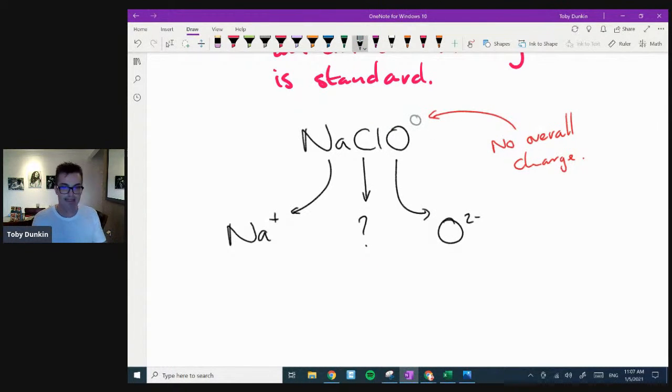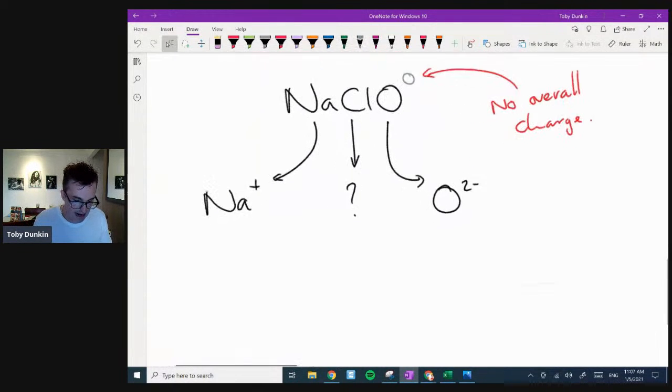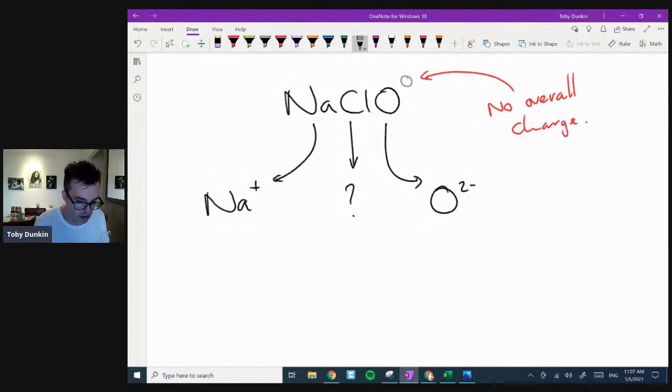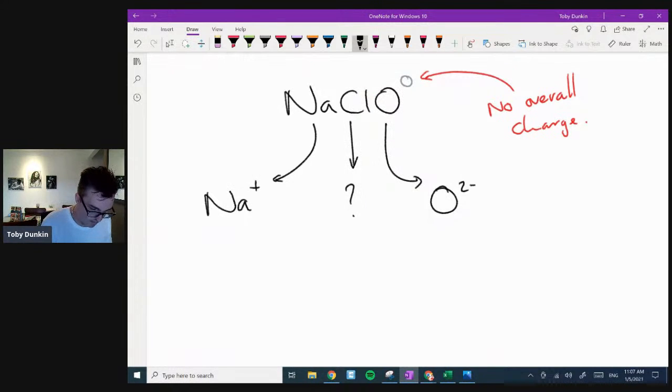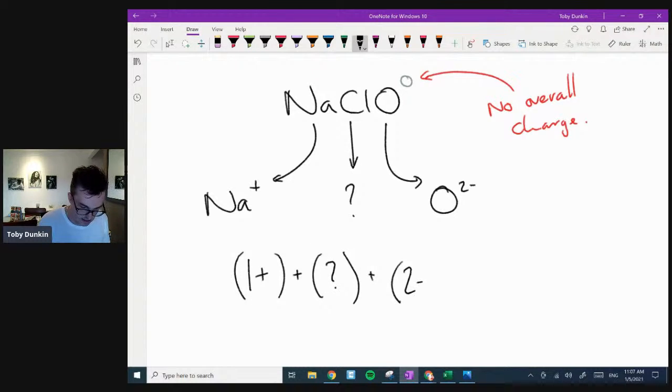But that number just wouldn't exist because it's a 0. So if there's no overall charge, the plus charges must balance the negative charges. So I've got +1 from sodium. I'm going to add a question mark to it. And I'm going to add to it brackets 2- from oxygen, and it must equal 0.